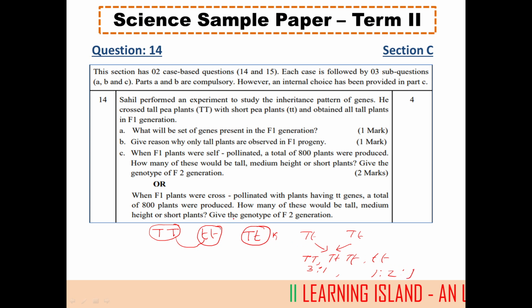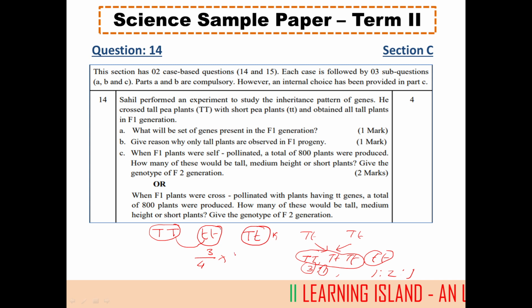The main question is: out of 800 plants produced, how many of these would be tall? The tall portion is this, and the short portion is this. So the ratio is 3:1. Out of 4, 3 by 4 is tall.